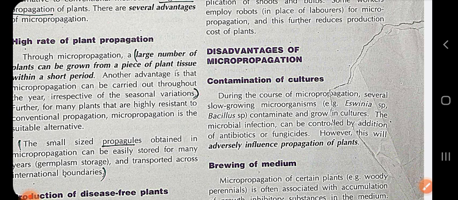So that's why we try to avoid giving fungicides. If the explants are getting affected, then we can give fungicides. We can place a dilute antibiotic solution initially. But during subcultures, if we add fungicides in the culture medium, it can adversely affect the growth of the propagules, the growth of the cultures.